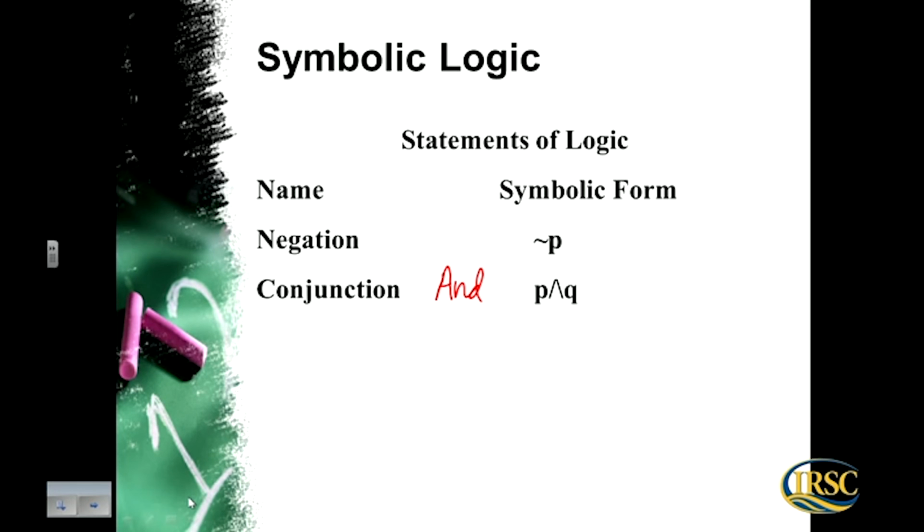All right, so disjunction is the word for or. A conditional statement is the word for if-then.